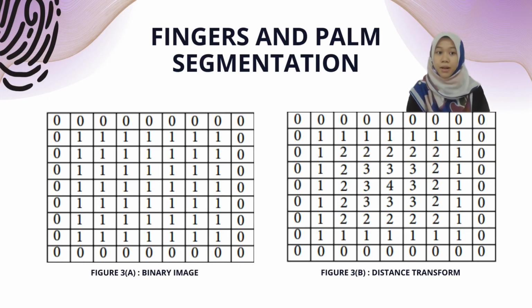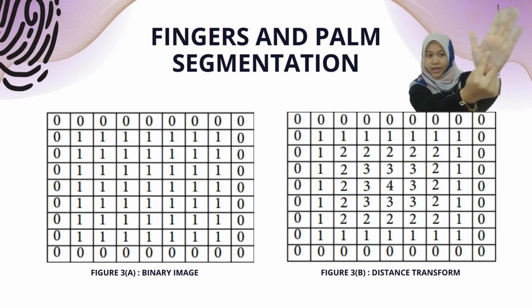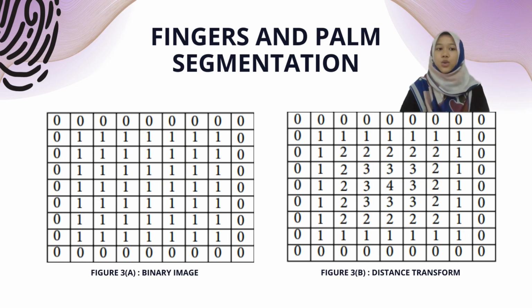The second step is the fingers and palm segmentation. We will refer to each box as a pixel. The palm point is defined at the center of the palm. Here we use a distance transform method, which calculates the distance of each pixel in the binary image. Figure 3A is the binary image. We want to calculate the distance of each pixel to the nearest pixel with a different value.